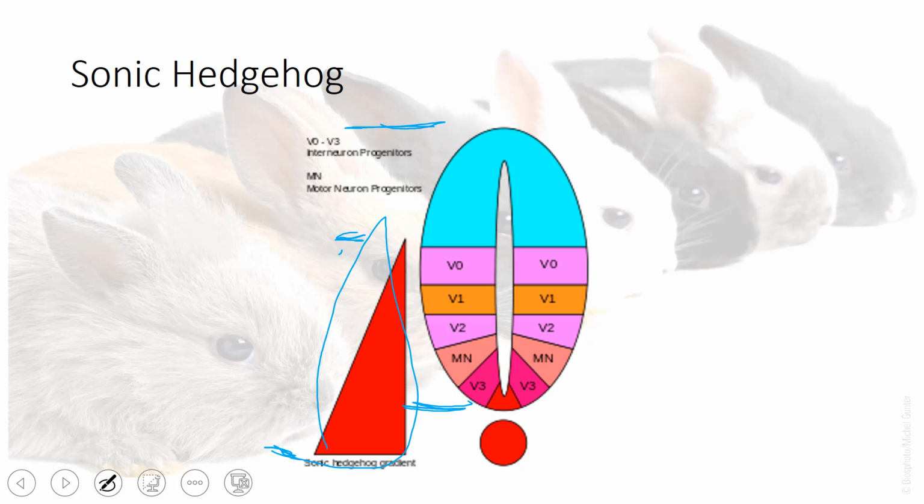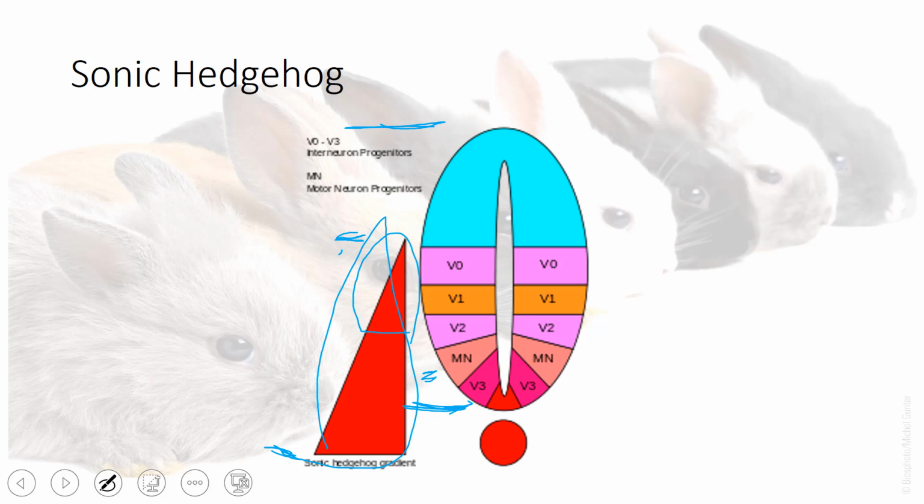And where there is a high concentration of sonic hedgehog, you develop some motor neurons. You can see that right there. And then some other interneurons that are going to become sensory neurons. And when there's a low concentration, you develop all sensory neurons.